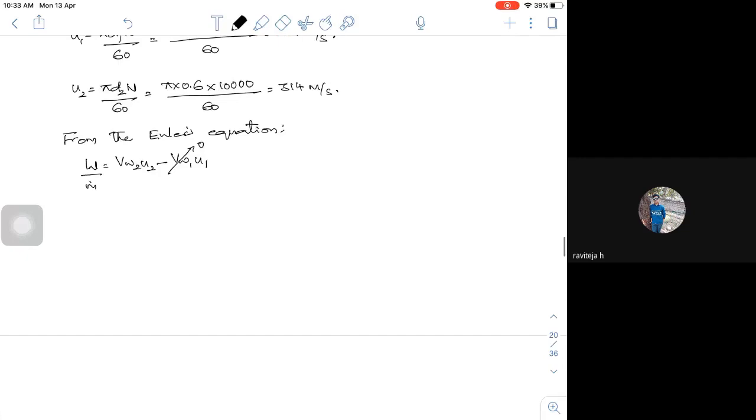I don't know the value of VW2. So I can calculate the VW2 from the velocity triangle at exit.